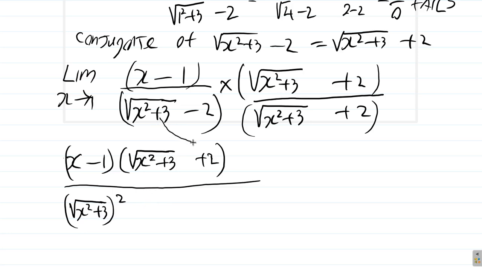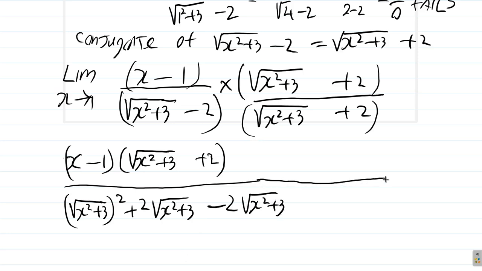And you say plus 2 times the square root of x squared plus 3, minus 2 times the square root of x squared plus 3, negative 2 times 2 is minus 4. Okay. Now the fact that we multiply by the conjugate is going to get rid of the square root signs. Let us see how.